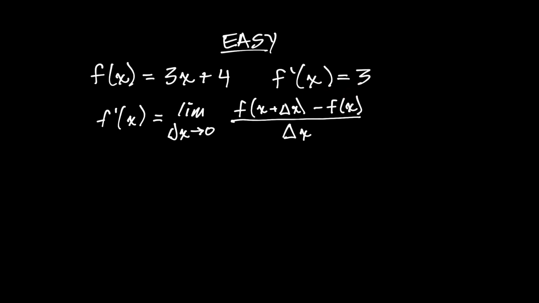So let's do first things first. We're going to say that this is equal to the limit as delta x approaches 0 of 3 times x plus delta x, plus 4. Forgot a parenthesis.